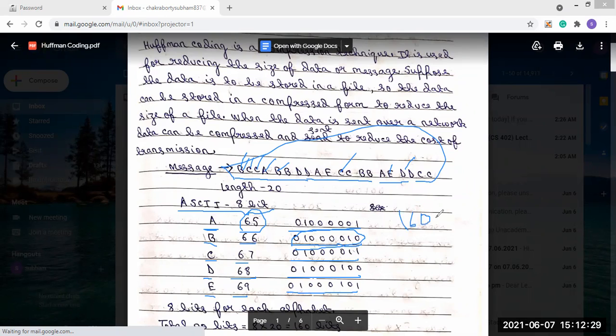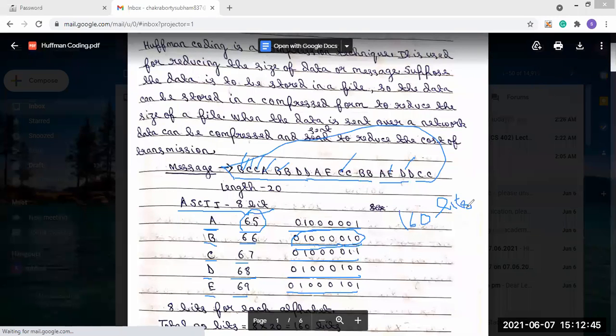That means 160 bits. Sorry, not 120, 160 bits. So our total message is 160 bits.